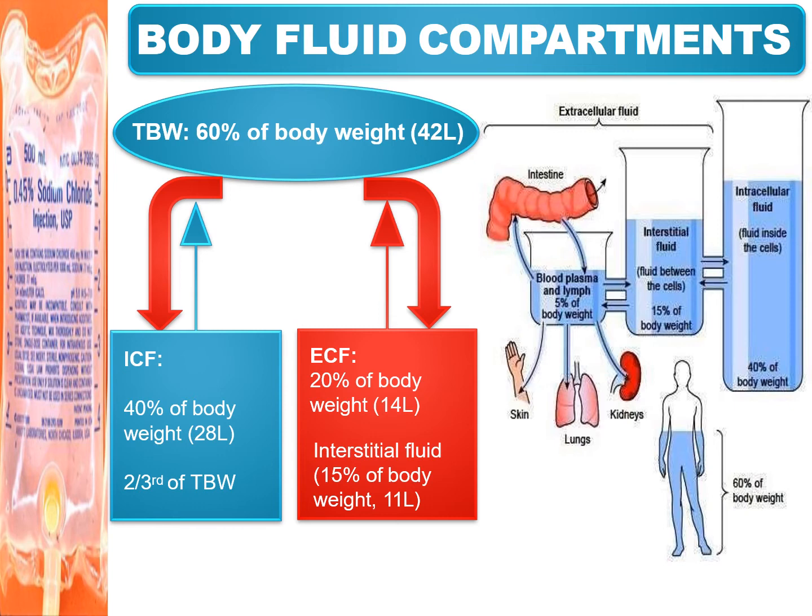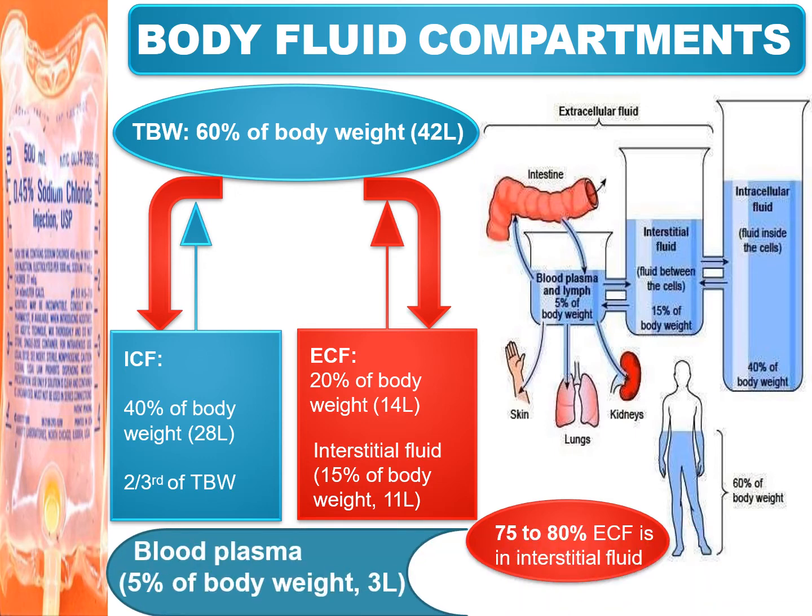That we already discussed. And further, 75 to 80% of extracellular fluid is in the interstitial fluid, and the blood plasma is 5% of the body weight, that is 3 liters, that we will discuss.